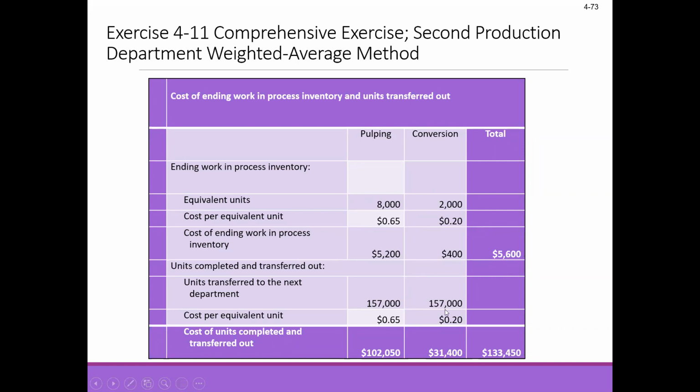The amounts transferred out, 157,000 units. We can see 65 cents per equivalent unit for pulping, 20 cents for conversion. Gives us the cost of 133,450 transferred out.